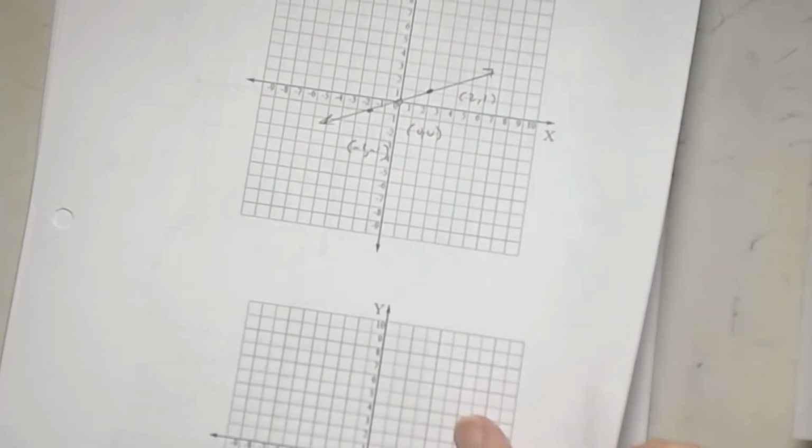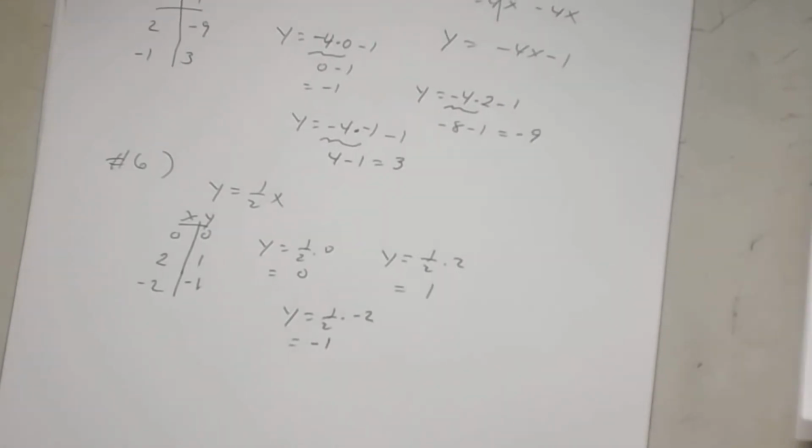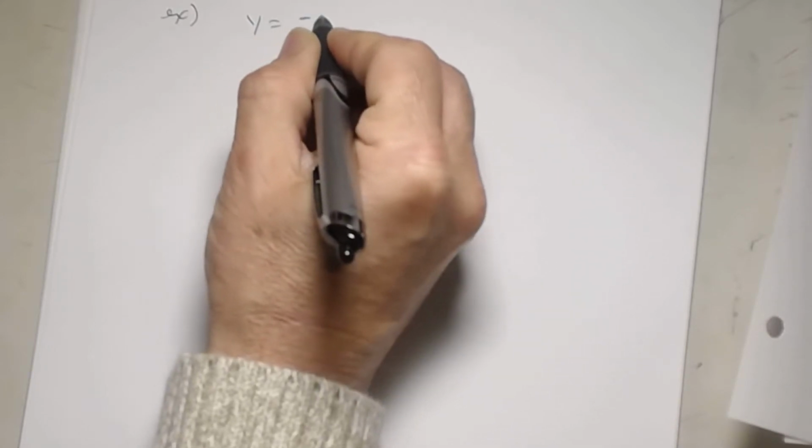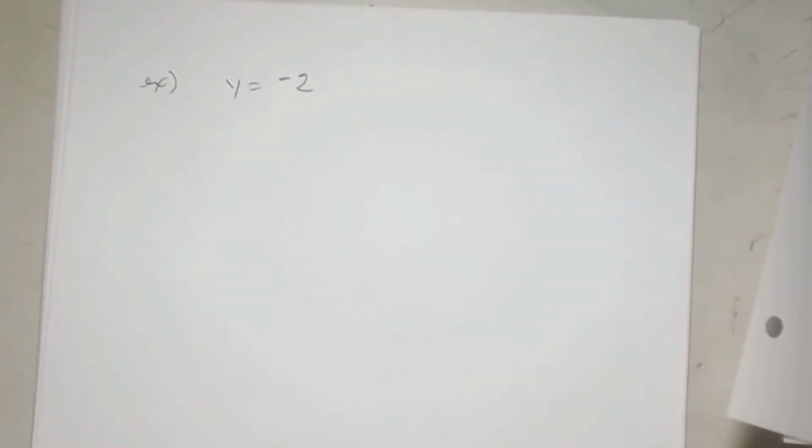All right, now let's look at this as an example: y equals -2. Now y is by itself, but what don't you see here?